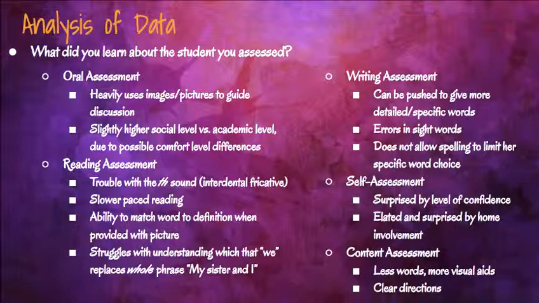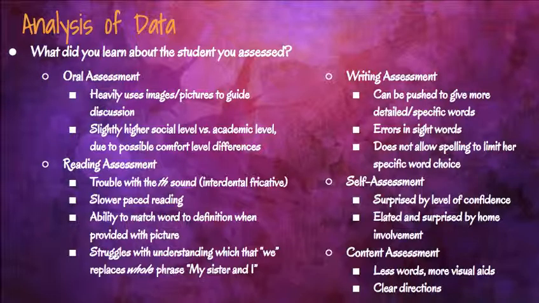And this could be possibly due to her comfort level in her speech when she's socializing versus when she is speaking academically. And I can see that difference too now as she's become more comfortable, as she talks more with groups, but not as much whole group when it comes to academic focuses.